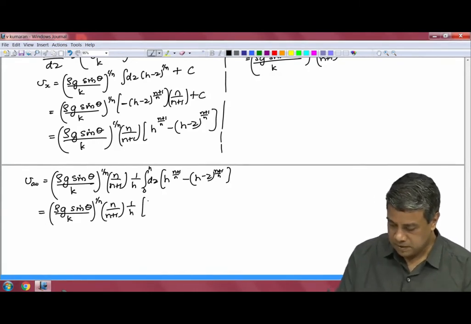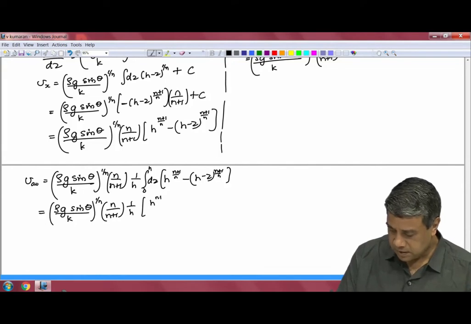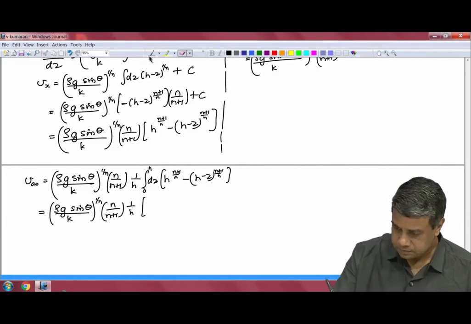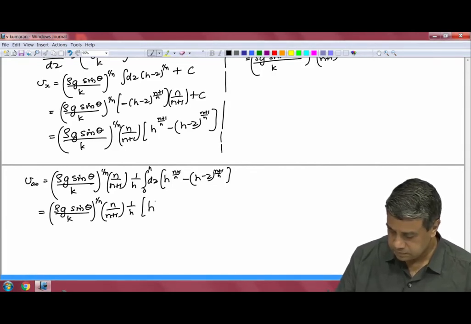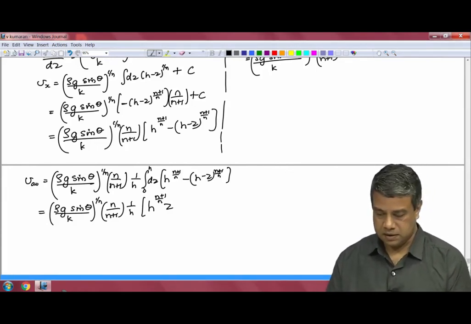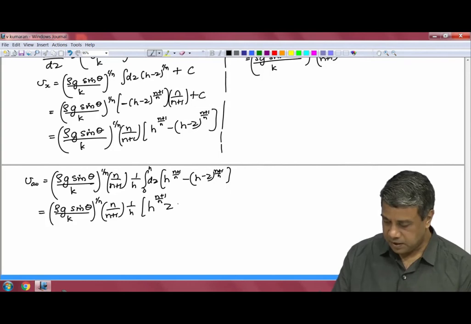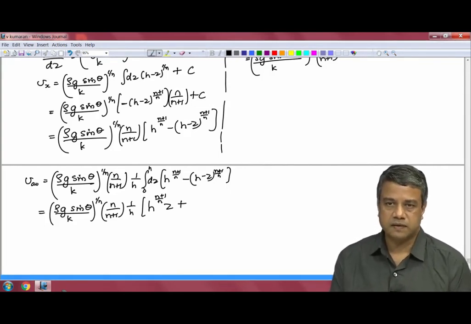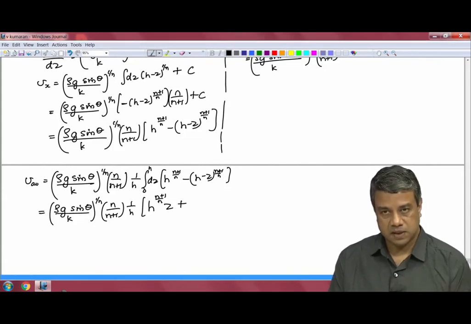The first term is h to the power (n plus 1) by n times z, because h is a constant. The second term, I integrate this once: the integral of (h minus z) to the power alpha, where alpha is (n plus 1) by n.